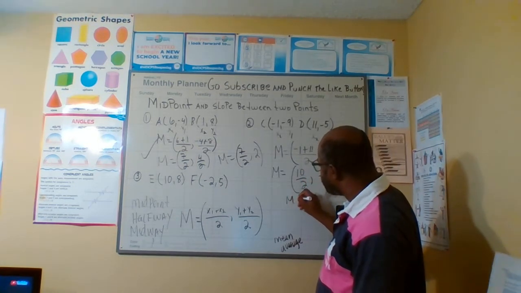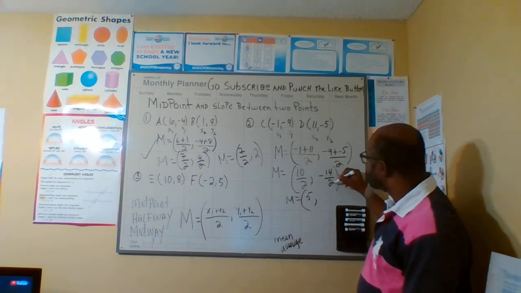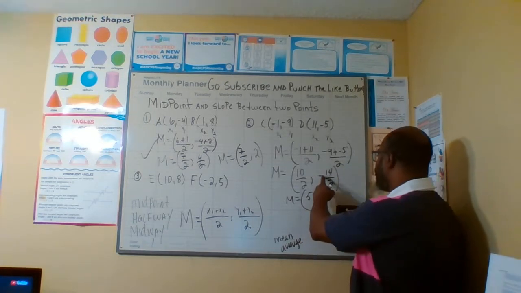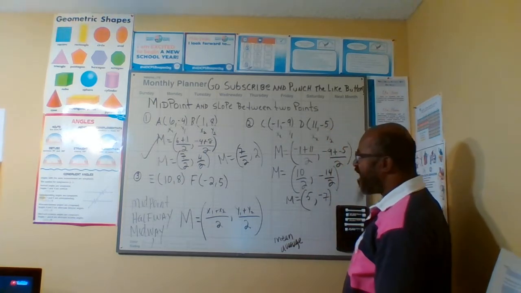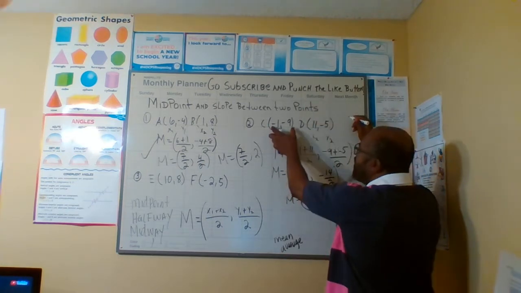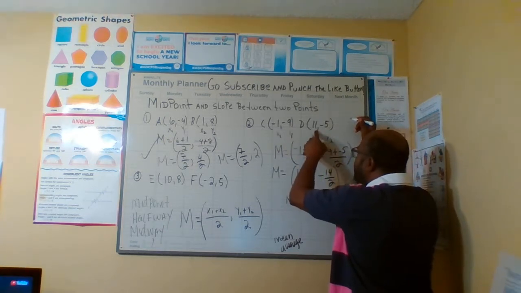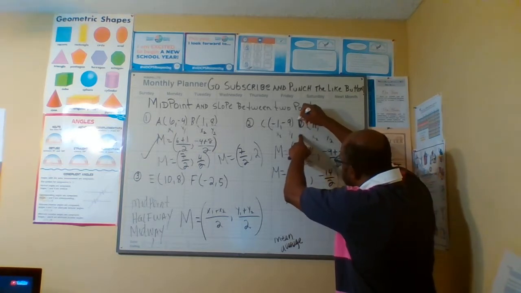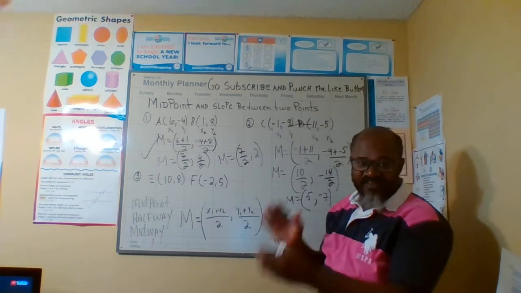How many times does 2 go into 10 evenly? 5 times. And how many times does 2 go into 14? 7. Since it's negative 14, that will be negative 7. Then that will be the midpoint. If I was to plot this point, it will be halfway between negative 1, negative 9, and 11, negative 5. So this point M will be halfway, midway, 50-50.